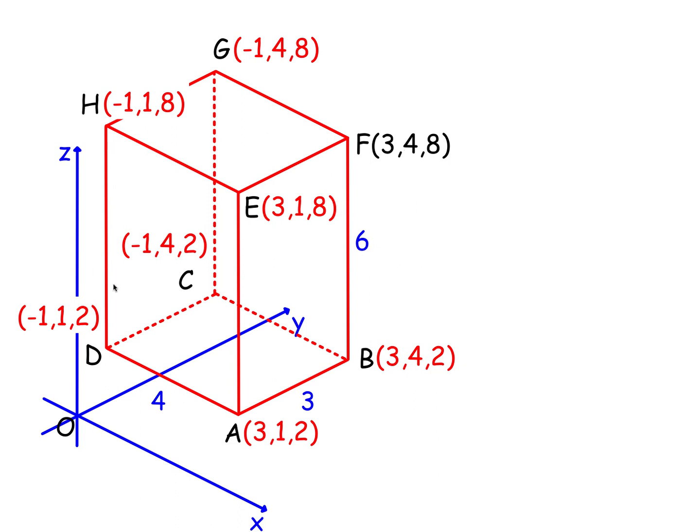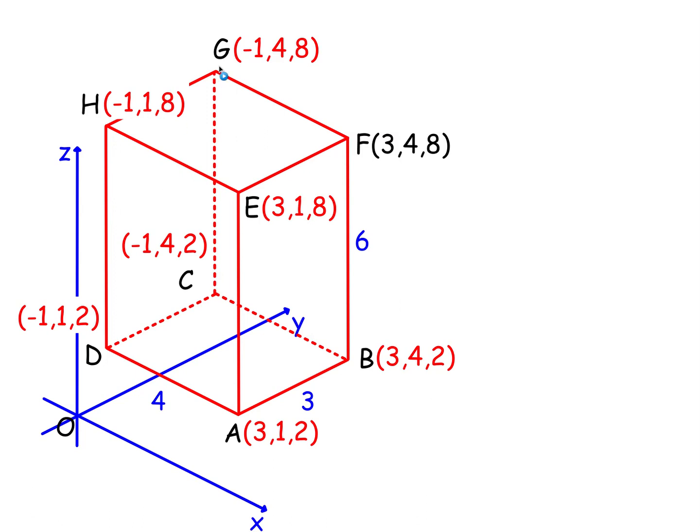So you'll notice, for example, D and C and G and H, they all have the same X coordinate. And E, F and A and B, they all have the same x coordinate. In the y direction, that's in the way to the board, the F and the G and the C and the B all have the same y coordinate because they're the same amount into the board.